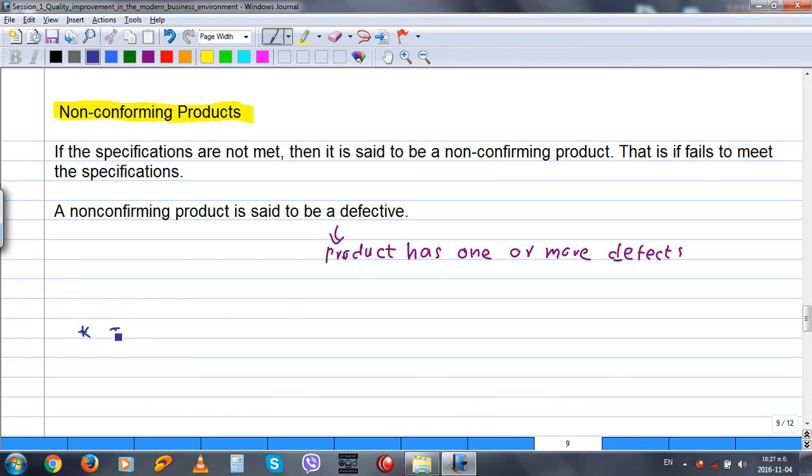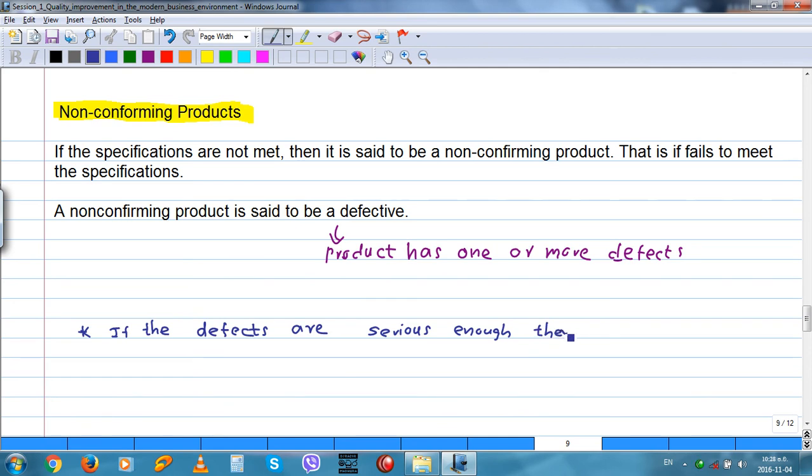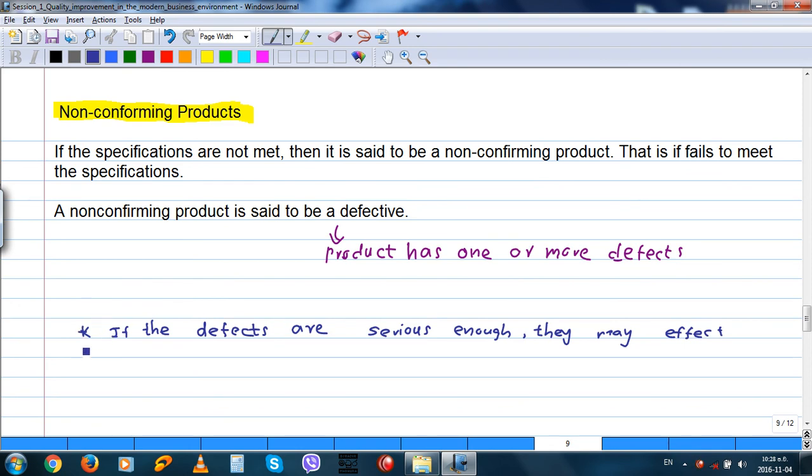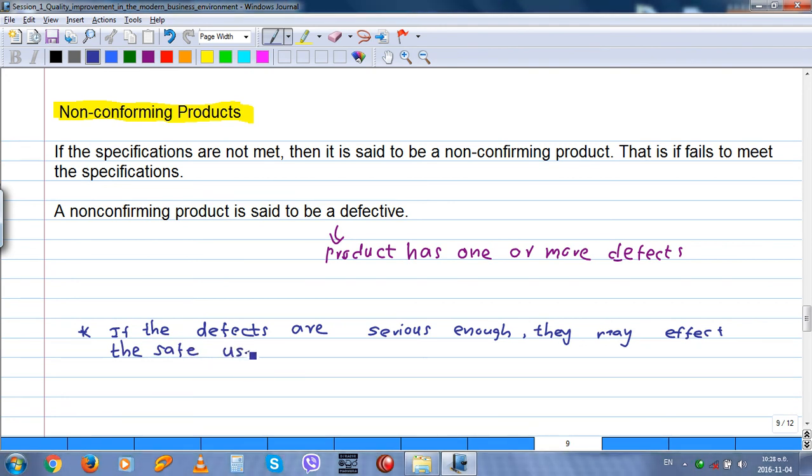Okay, so we can say if the defects are serious enough, they may affect the safe use of the product. So that is about the non-conforming products.